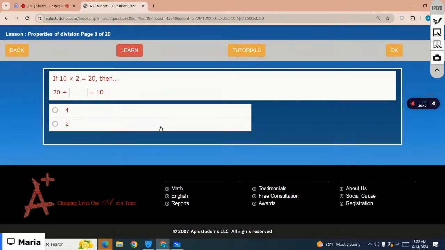Yes, that's 20 divided by 2 equals 10. Option number 2 is the correct option.